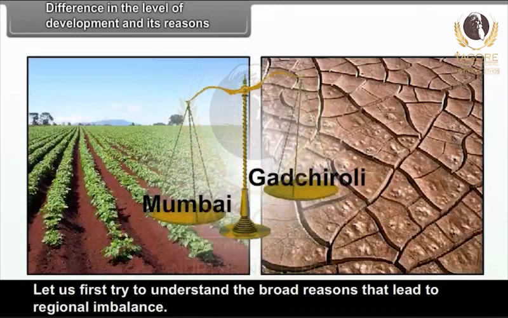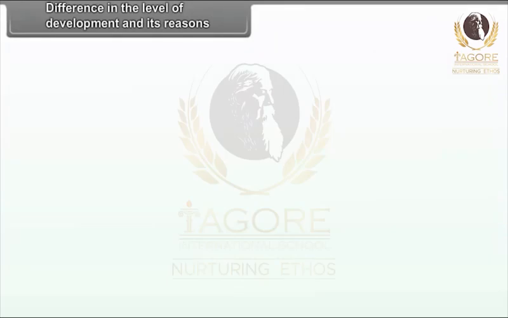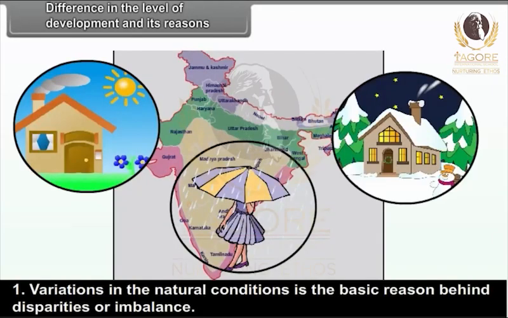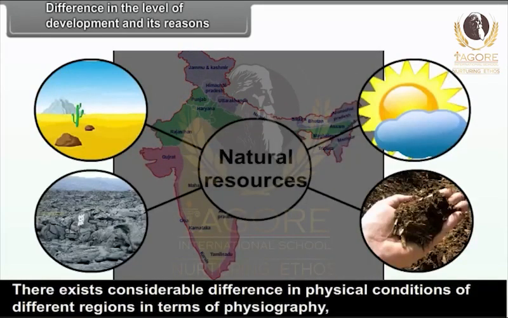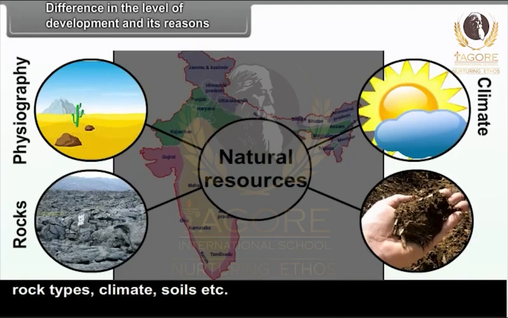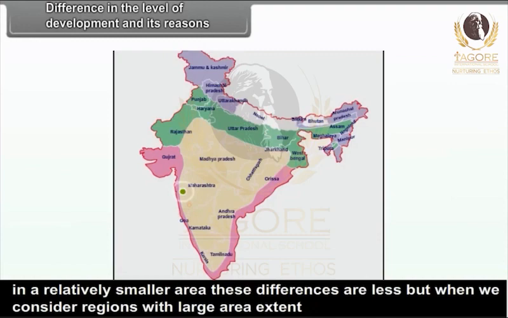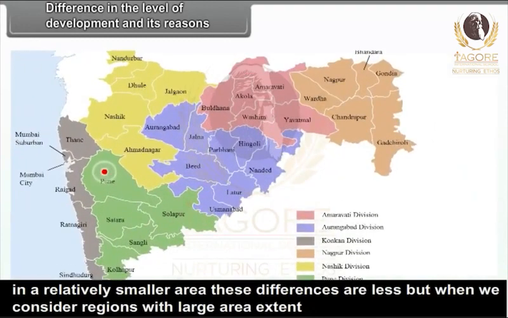Let us first try to understand the broad reasons that lead to regional imbalance. Variations in the natural conditions is the basic reason behind disparities or imbalance. There exists considerable difference in physical conditions of different regions in terms of physiography, rock types, climate, soils, etc. In a relatively smaller area, these differences are less.